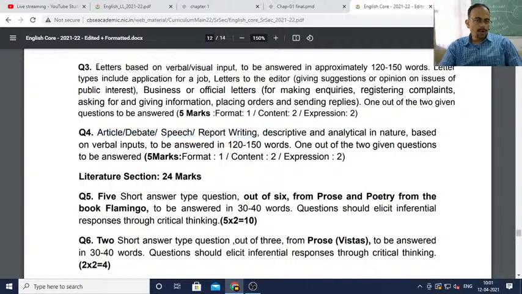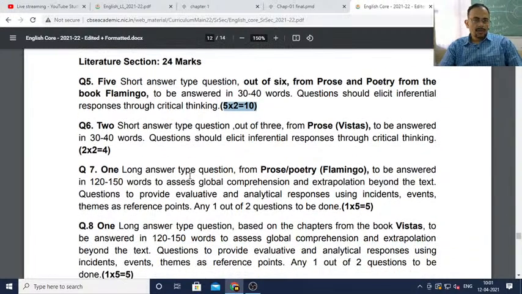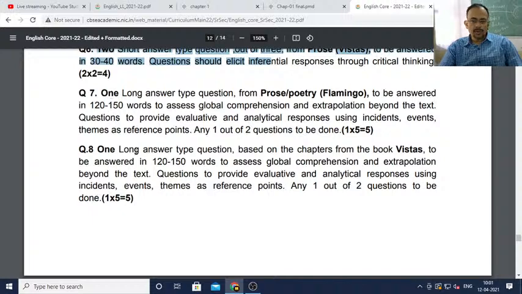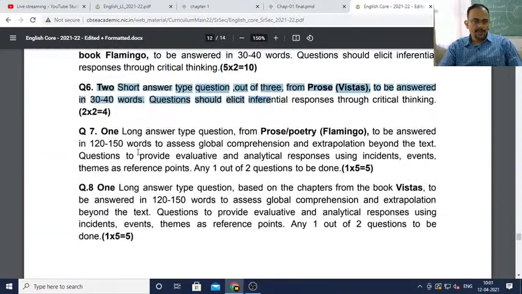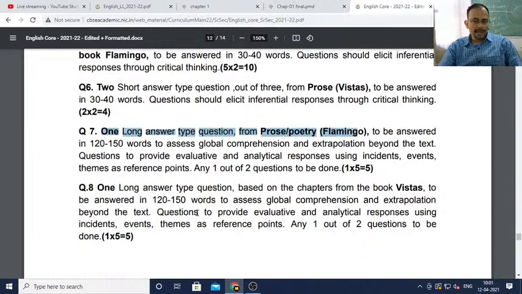So official letter, formal letters, and article or debate will comprise 10 marks, that is 5 marks each. Then in literature you will have 5 short answer type questions of 2 marks each. Then you shall have 2 short answer type questions, and then lastly questions number 7 and 8. Lastly, what you will get? You will get one long answer type question from Flamingo and another from Vistas, of 5 marks each.